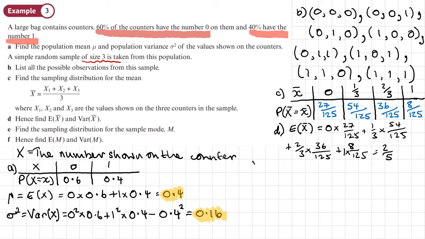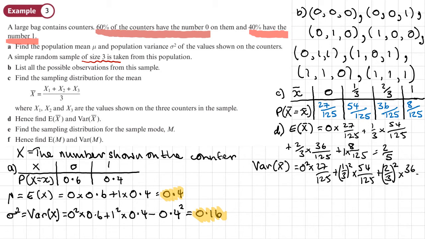And then the variance of the sample means is going to be 0 squared times 27/125, plus a third squared times 54/125, plus 2/3 squared times 36/125, put some brackets here, plus 1 squared times 8/125, and we minus the mean squared, so we minus 2/5 squared, and that gives us a value of 2/25.